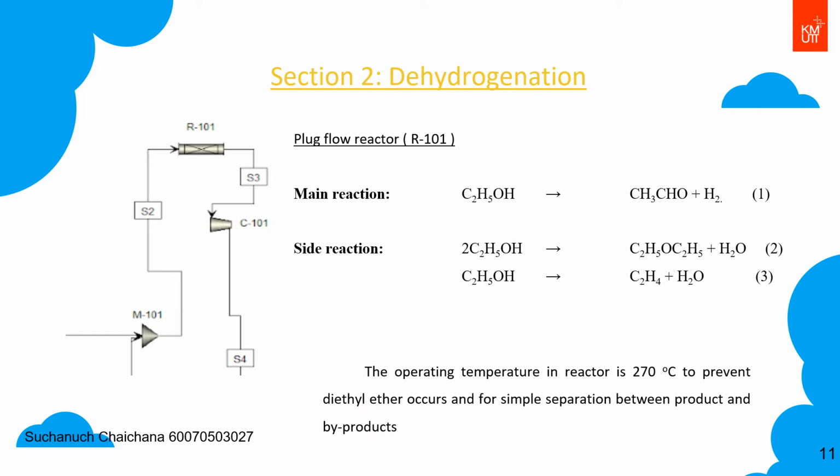Ethanol steam after preheating in section 1 and the second steam from section 3 are mixed together before flowing through the reactor. The reactor operates at 220 degrees Celsius and 10 bars to prevent the occurrence of diethyl ether and for simple separation between products and byproducts.